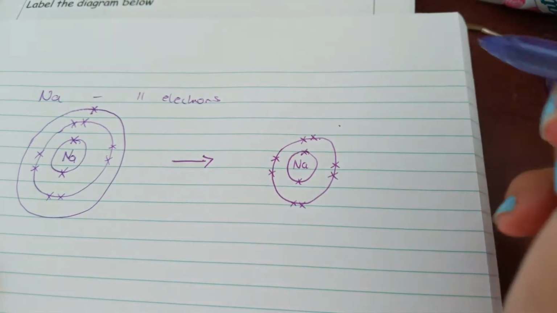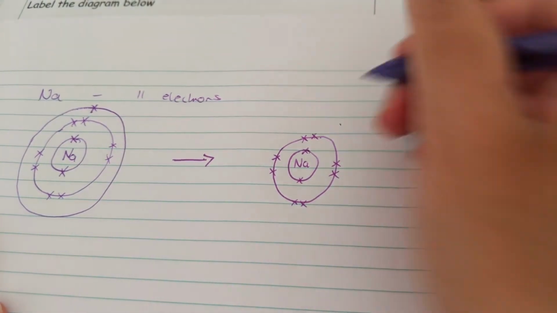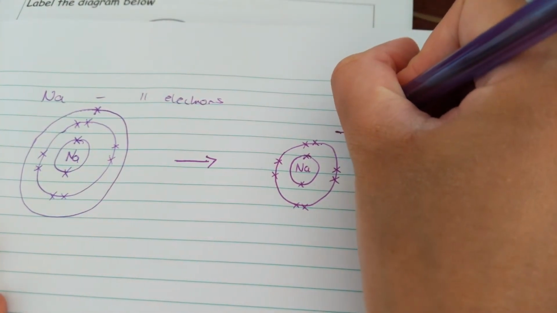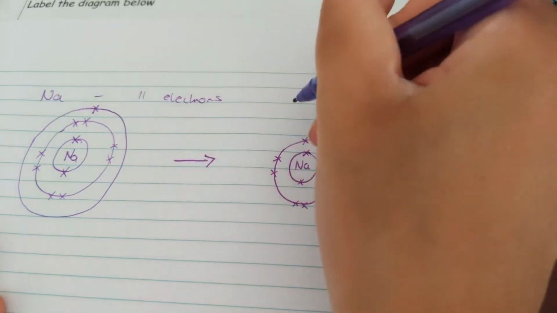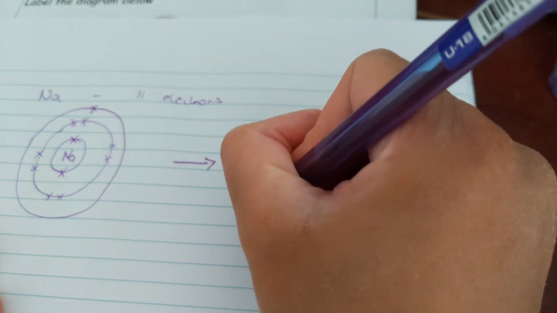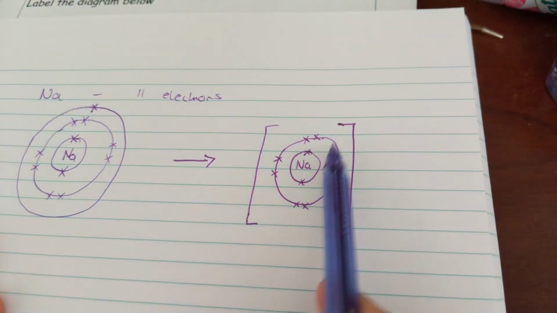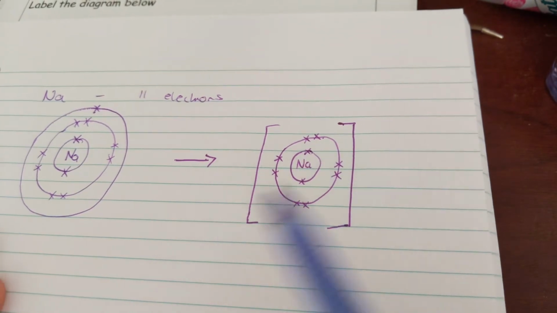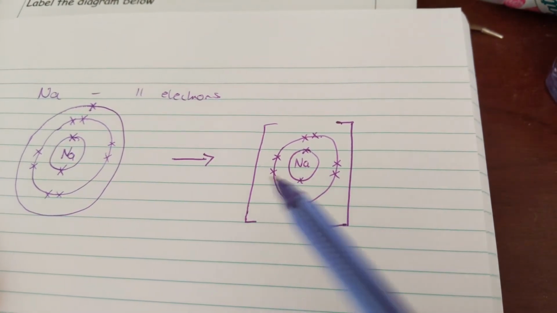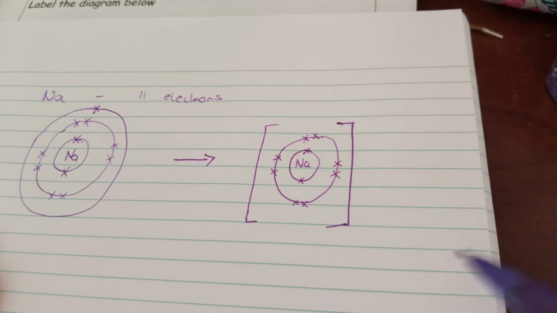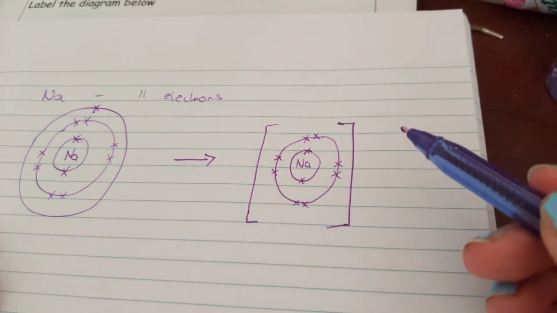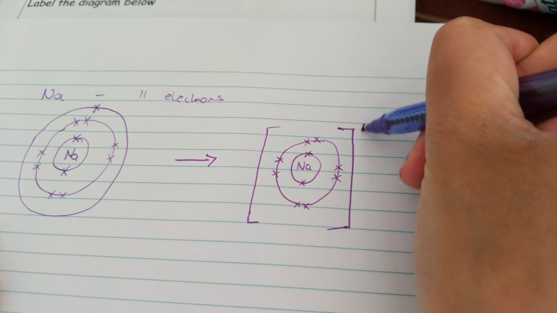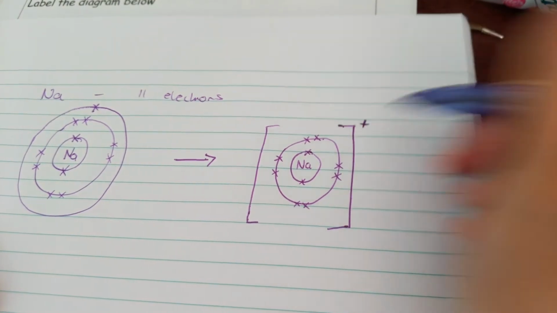Okay, we don't need to draw the third shell because there won't be any electrons in that shell. Now, because it's an ion, we put these square brackets around it. Okay, and now because it's lost an electron, but it still has the same number of protons, it's going to have one more proton than it does electrons, so its overall charge is going to be positive. So you just put a plus up there.